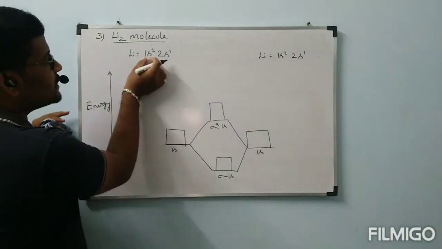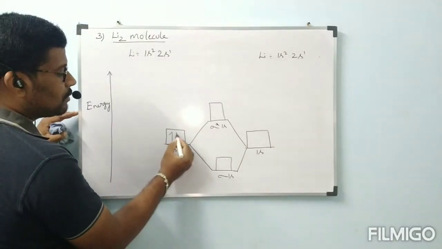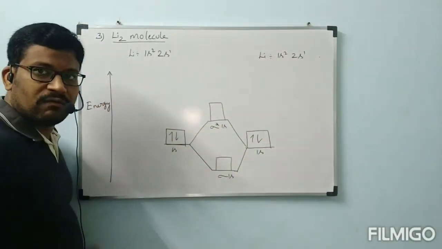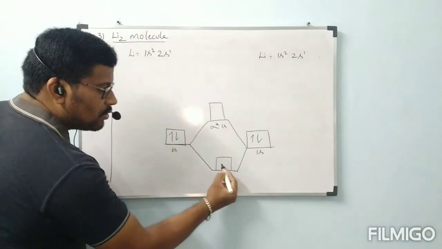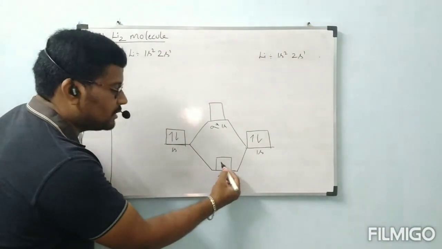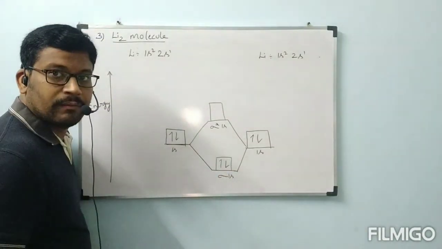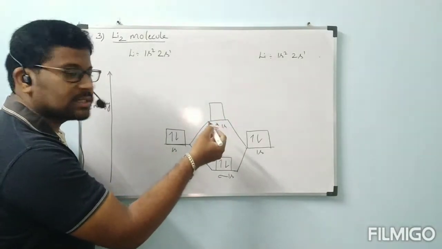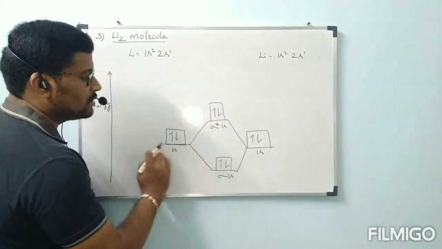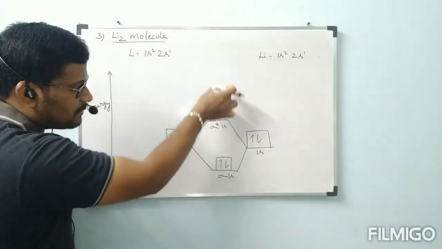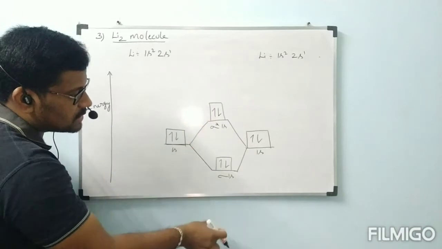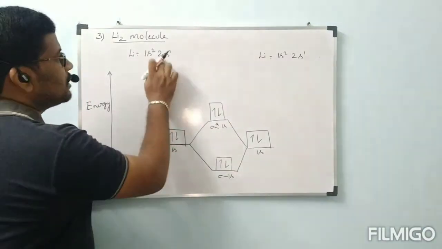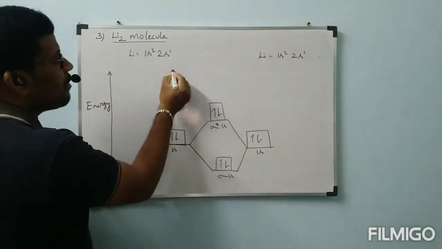In 1s, how many electrons are there? 2. Here also 2 electrons are there. Totally 4 electrons. First, the lower energy sigma 1s will be completely filled. Next, the next energy level sigma star 1s is also completely filled. So the 4 electrons are balanced. In the middle only, we have to concentrate on the molecular orbitals. Next, coming to 2s and 2s.